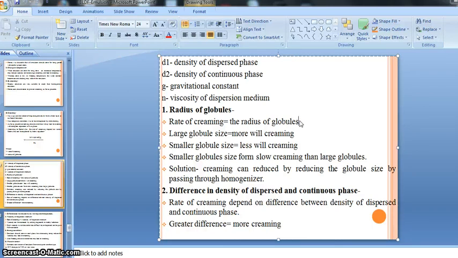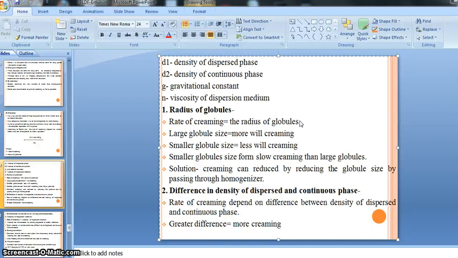We already studied the range of our globules, that is 0.25 micron to 25 micron, right? This is the range of our globules. If the globule size is higher, between 20 to 25 micron, we will consider our preparation a coarse emulsion. And coarse emulsions very easily convert to cream form, right?